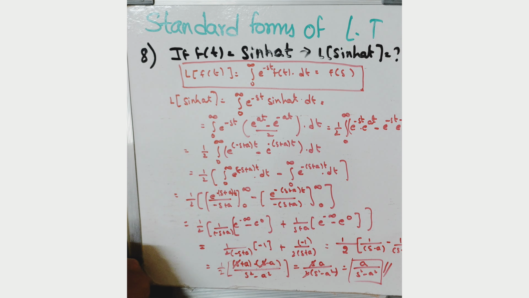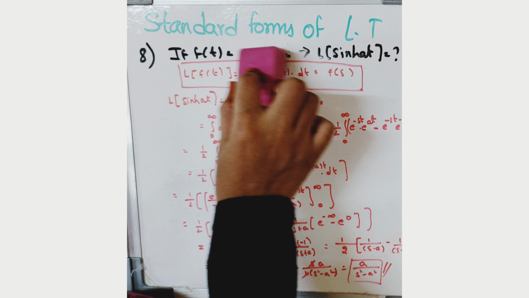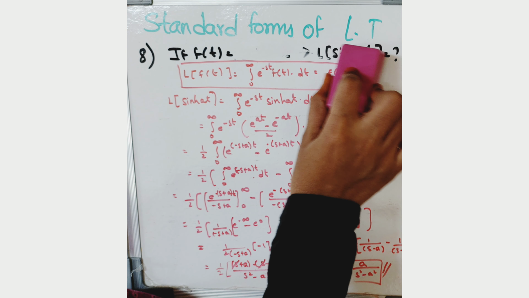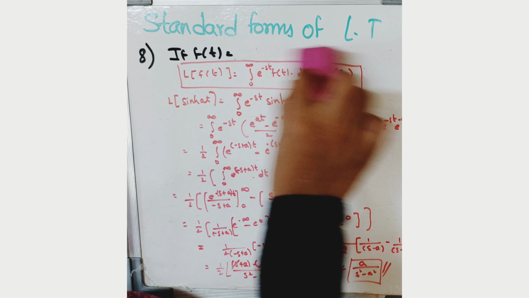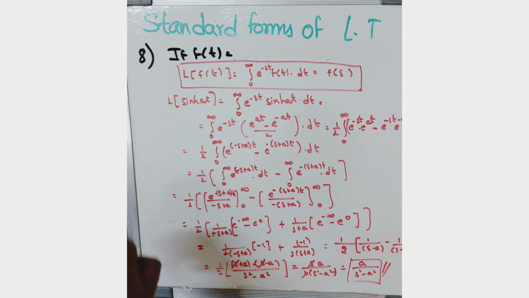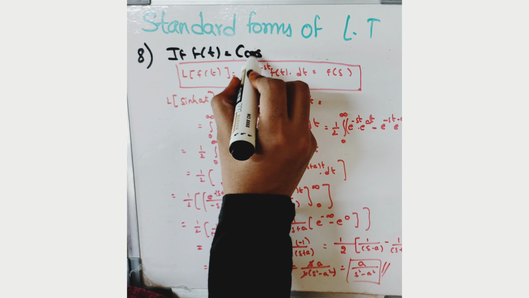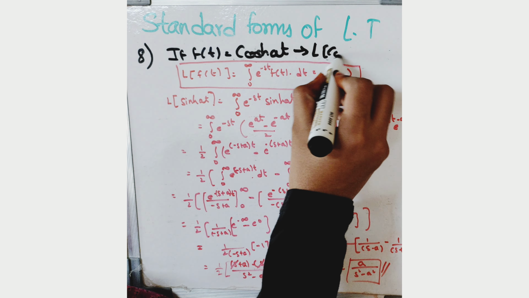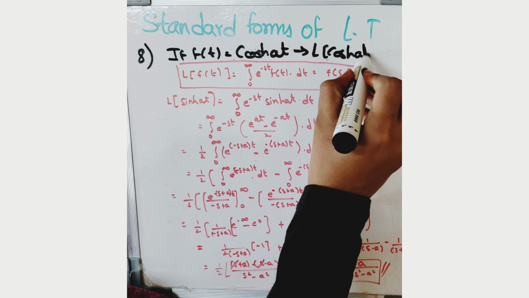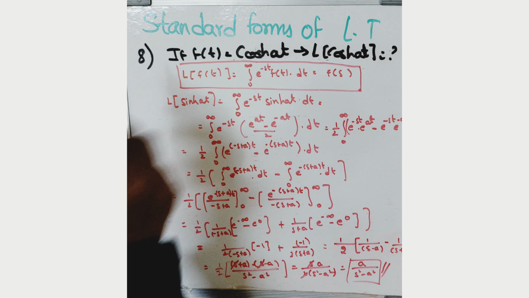Now similarly, I guess we can also do it for cosh at, right? I think you understand how you can do that. Just a small change in the sign, I'll explain that. So the Laplace transform of cosh at.